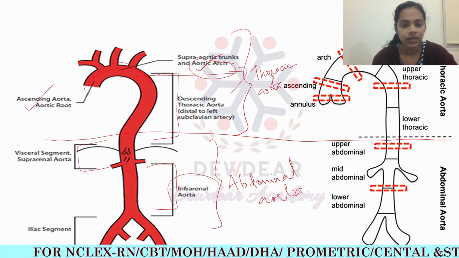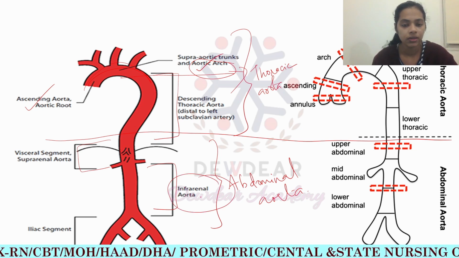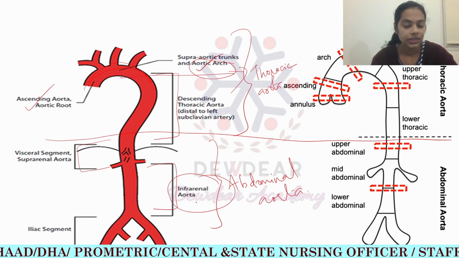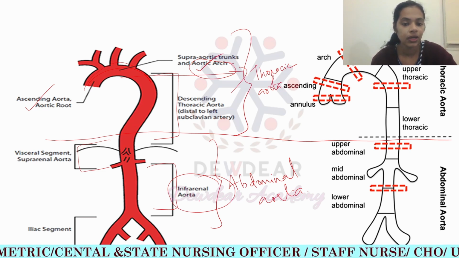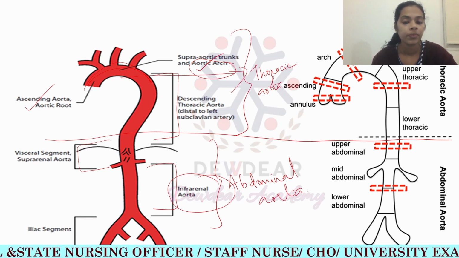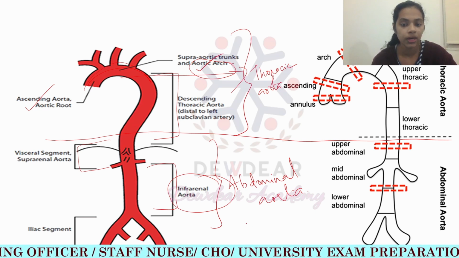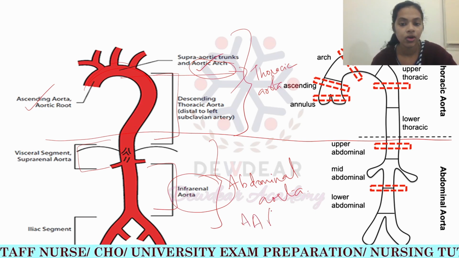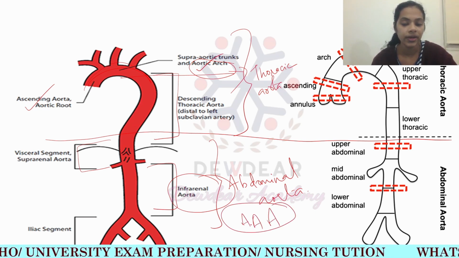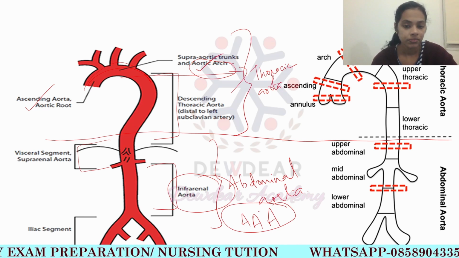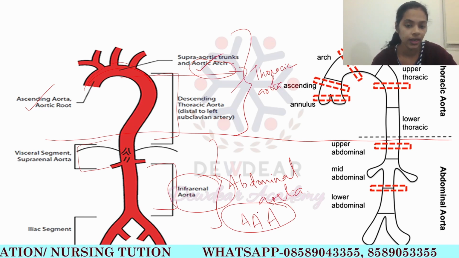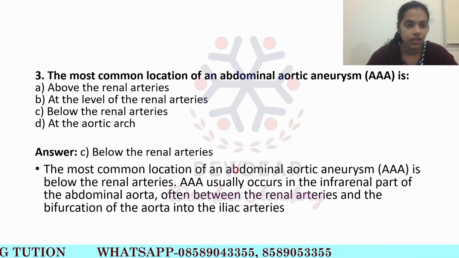This infrarenal aorta, below the renal level, is the portion where abdominal aortic aneurysms, which we call AAA, are more common. Okay. So this is the question.